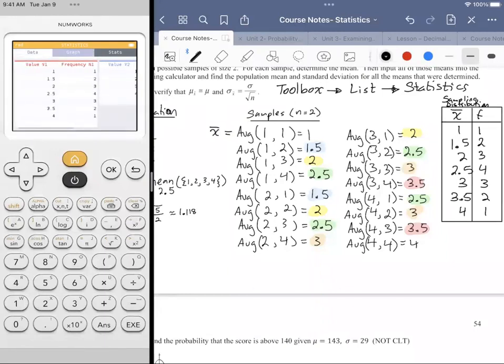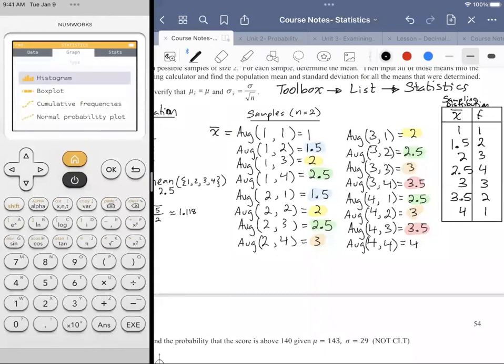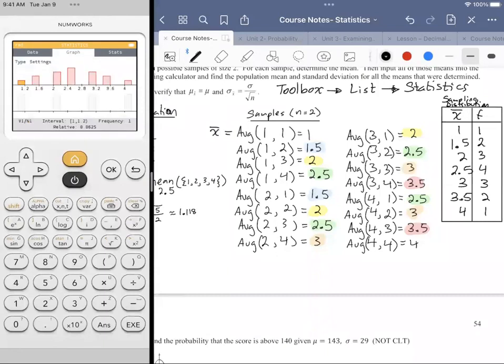So looking at the histogram, I can clean up the spacings a little bit. I'll go to settings and make the bin width 0.5. I don't know that that's precisely a normal distribution, but it sure looks like one. It's got symmetry.